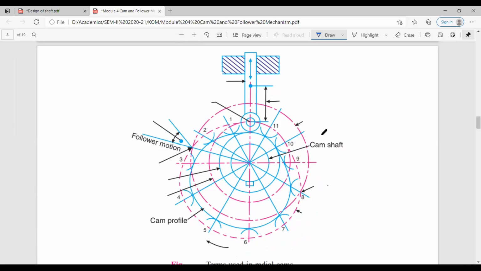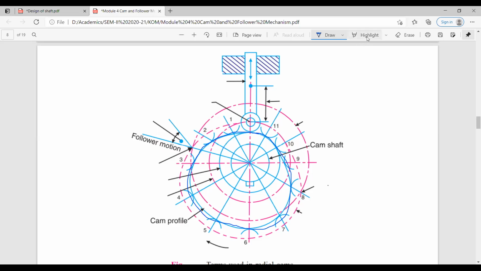See here, now here is our cam surface, the actual physical boundary of the cam, this one. Then we have seen that the base circle is one; this is the shaft, the cam shaft, and this is the cam profile. The base circle is the one which is tangent to the cam profile, and it is the smallest circle.